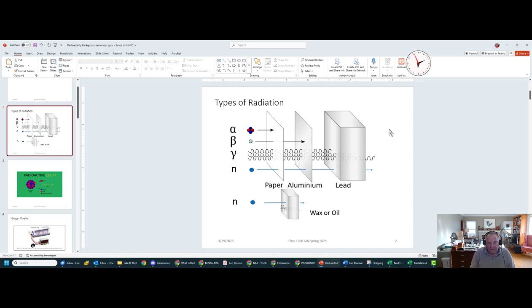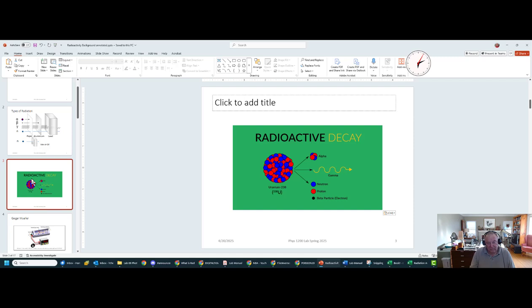And then gammas are photons, and they come out of the nucleus. A radioactive nucleus is pretty percolating in there, and the nucleons can go up and down in energy levels, just like the electrons can go up and down in energy levels of an atom, except now the energy levels are very high energy, and the difference between two levels is much bigger.